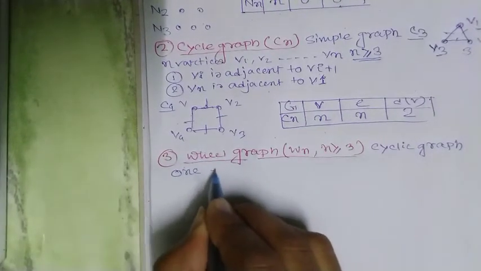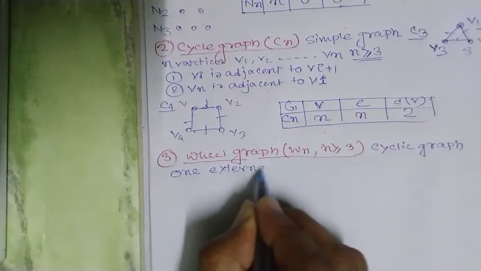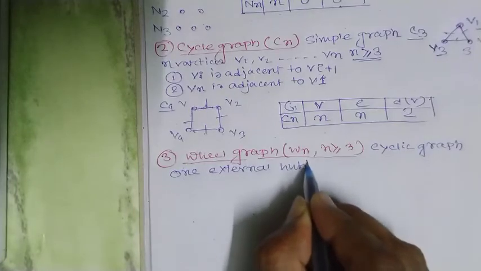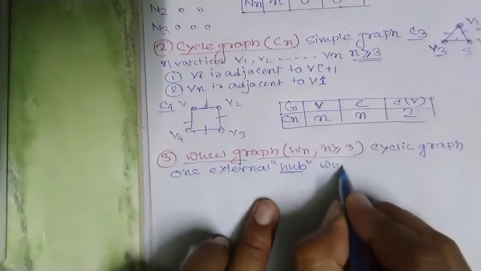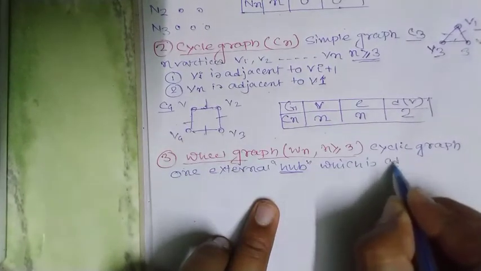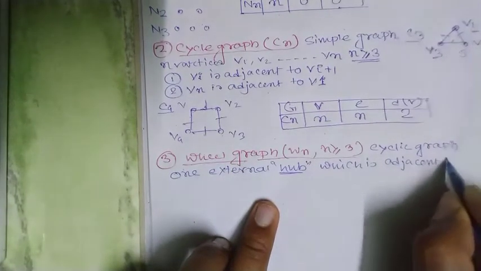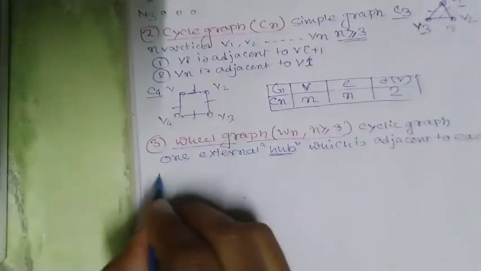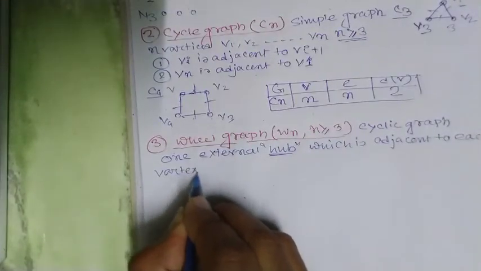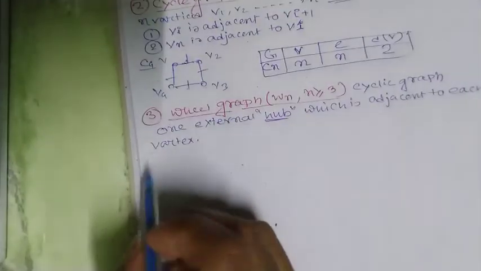One external hub, I'm just quoting it, hub, which is adjacent to each vertex. Okay, let's see some examples, then this will be clear for you.